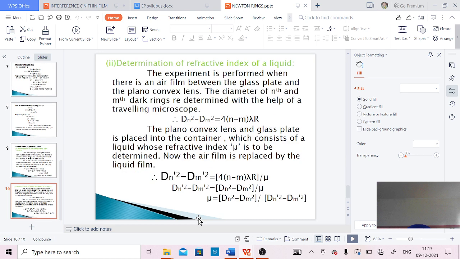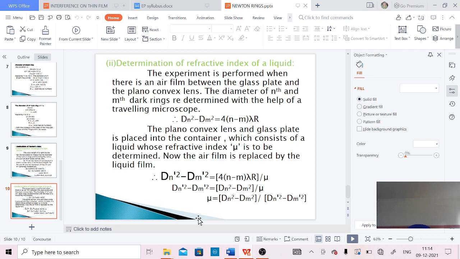Next, the determination of the refractive index of a liquid. We already know the refractive index is the ratio of the velocity of light in a vacuum to the velocity in the specified medium. Let us see how we can find the refractive index using Newton rings. First the experiment is performed with an air film between the glass plate and the plano convex lens. The diameters of the nth and mth dark rings are determined with the help of a travelling microscope.